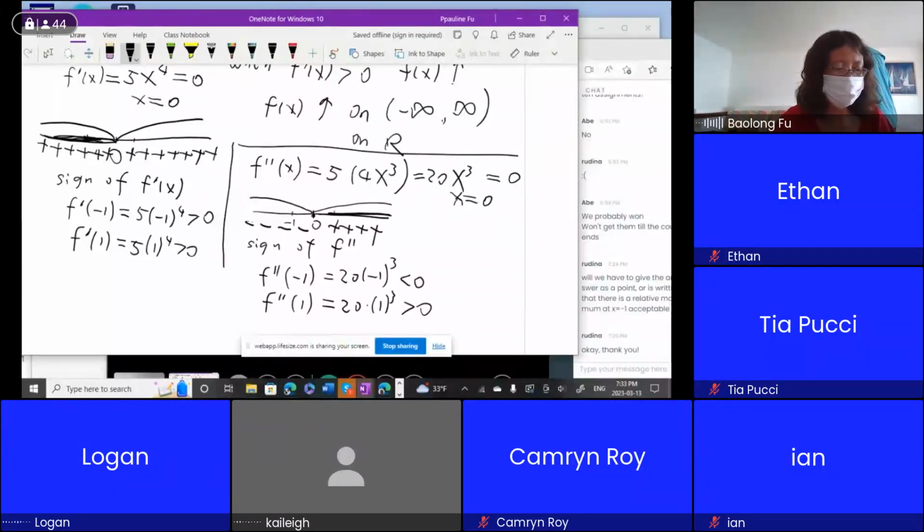So after that, if the second derivative is smaller than 0, concave down. If the second derivative is greater than 0, concave up.